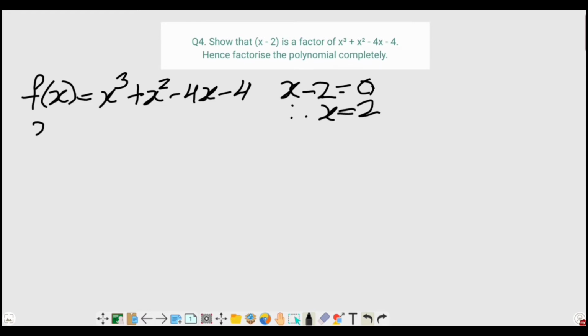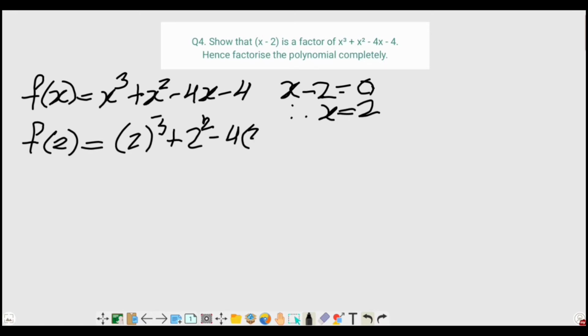So by applying the remainder theorem, you can easily calculate the remainder. Substitute the value 2, you will get f of 2. So it will be 2 cube plus 2 square minus 4 into 2 minus 4. So this is your remainder. Now it is 8, correct? It will be 8 plus 4 minus 8 minus 4.